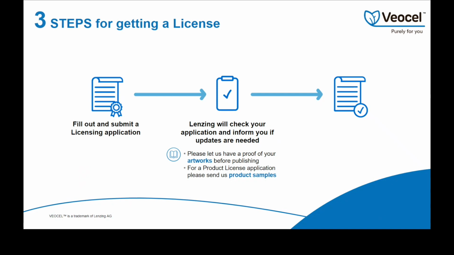If you are applying for a product license, you will be asked to provide samples of the products you want to brand with VEOCEL. For a marketing license, no samples are needed. After everything is in line with our certification criteria and licensing standards, you will receive a confirmation letter for your VEOCEL brand license.